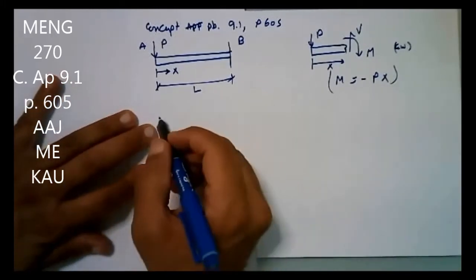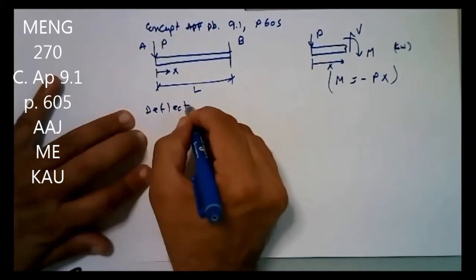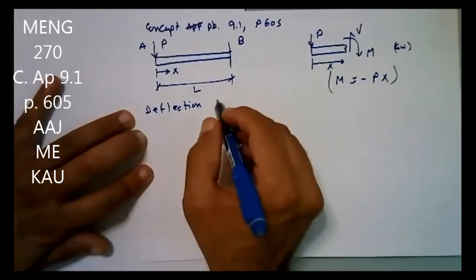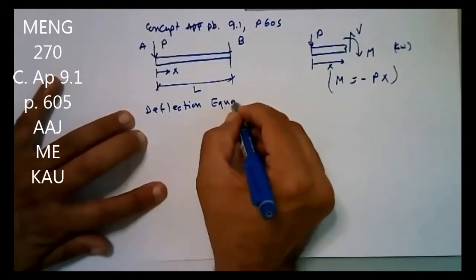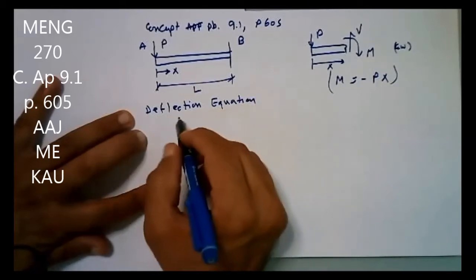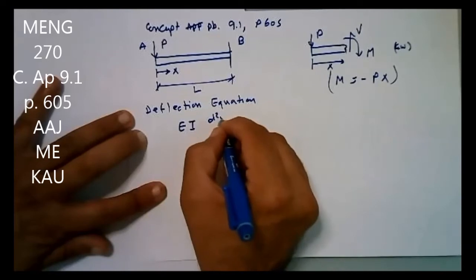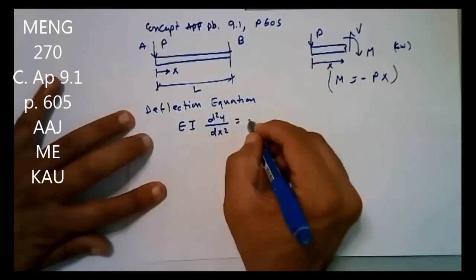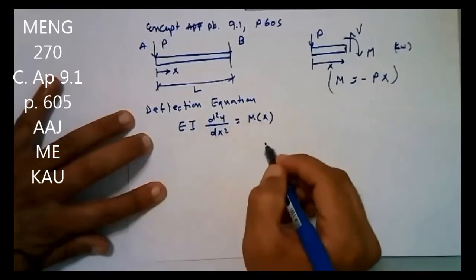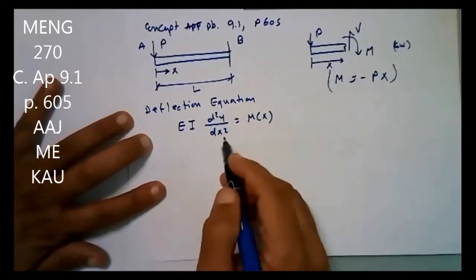Now let's go back to the deflection equation that we just read in the book today. It was EI d square y over dx square, equal to the moment as a function of x. Now let's use this moment here.